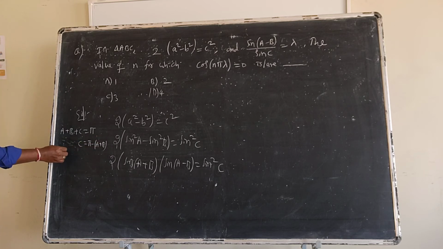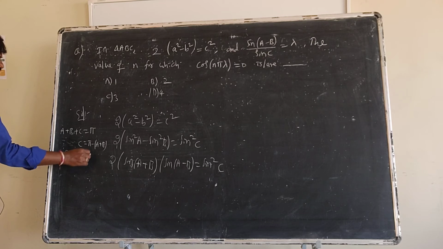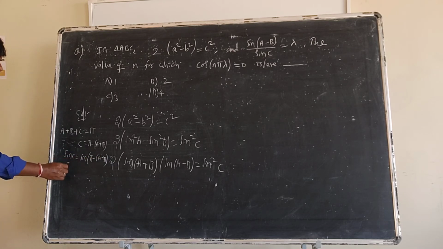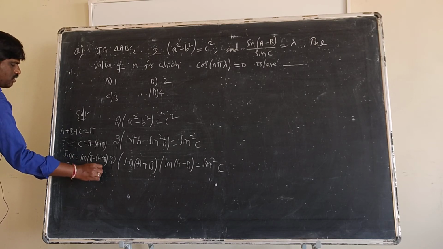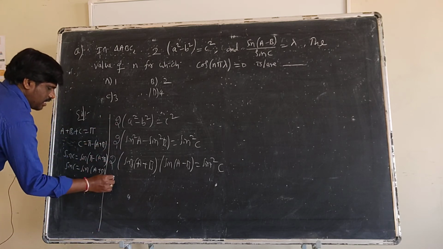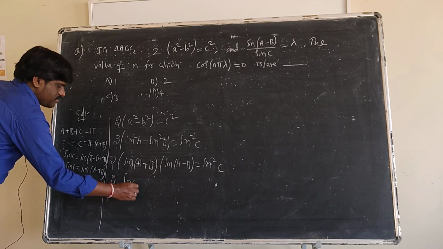So if I apply sine on both sides, sine c is equal to sine of pi minus (a plus b). So you know that sine c is equal to sine of (a plus b). So sine of (a plus b) can be replaced by sine c.